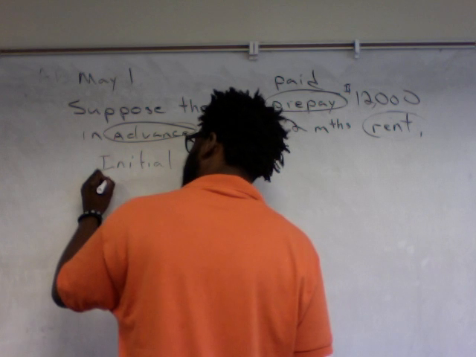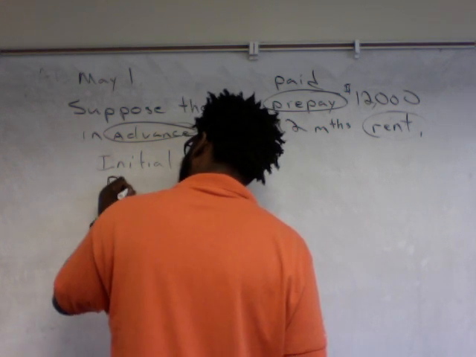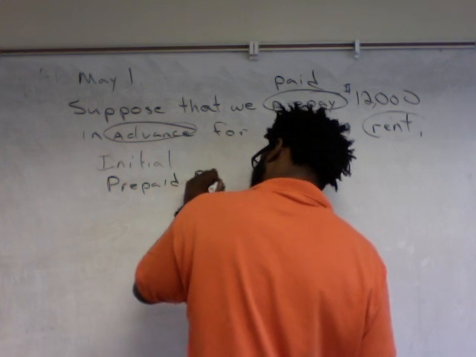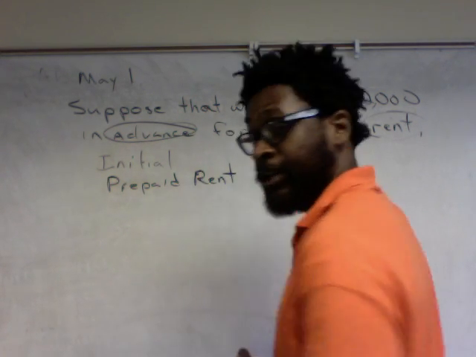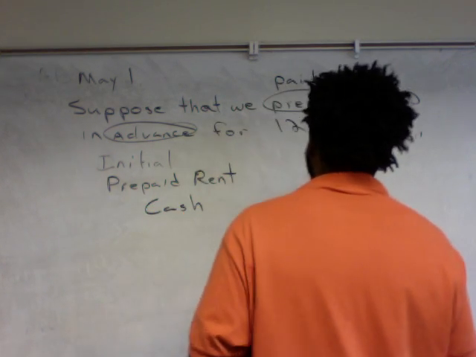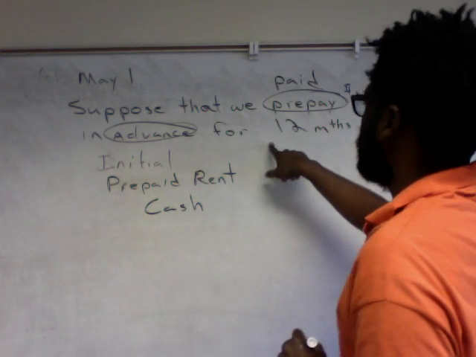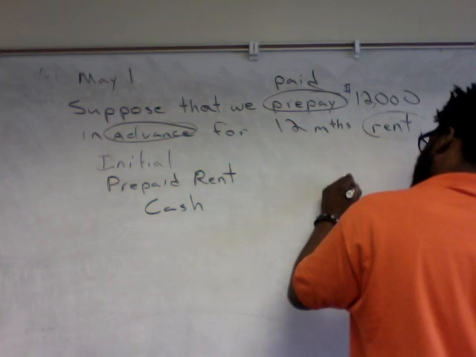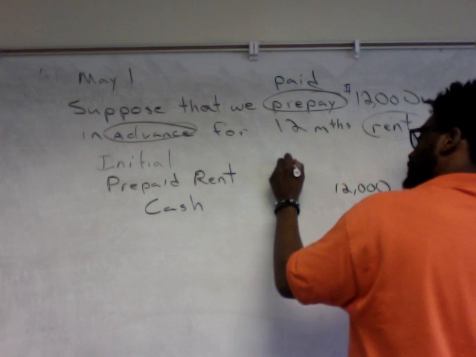So our initial entry requires a debit to prepaid rent, and a credit to obviously cash. How much will we pay? $12,000. 12 months rent on May 1st.